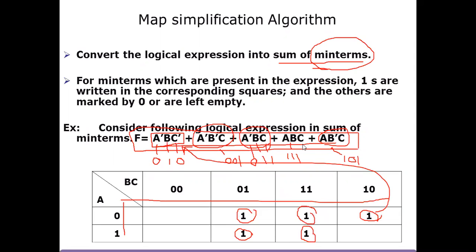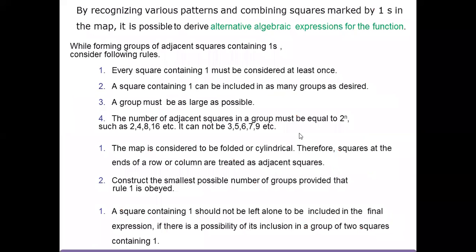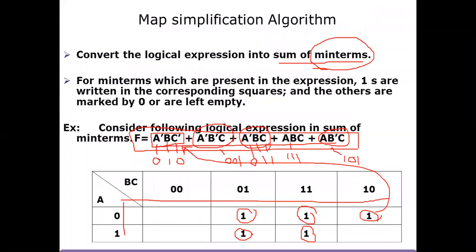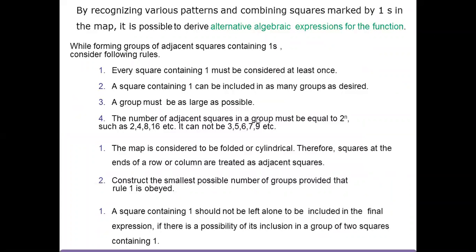There are some rules you have to follow when you are grouping the items filled in the table. We recognize various patterns and combine squares marked by ones. We make different patterns and combine them in different ways to simplify this.